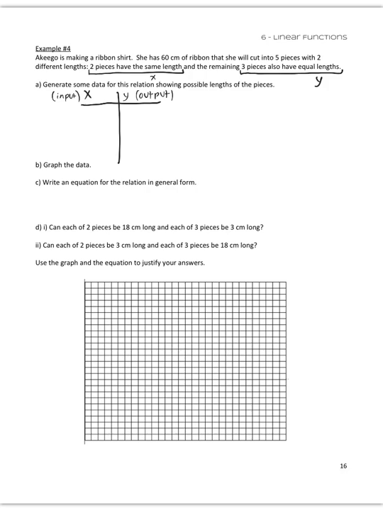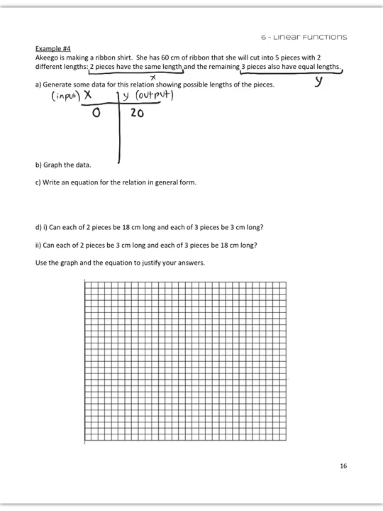So if the first 2 lengths are cut at 0, aka we don't cut them at all, those remaining 3 pieces to be divided into 60 centimeters must have a length of 20 centimeters.